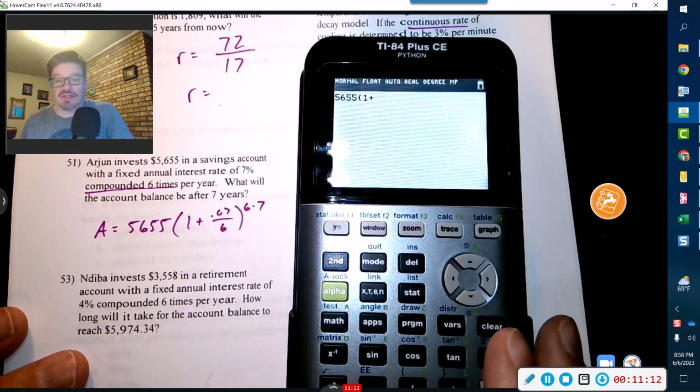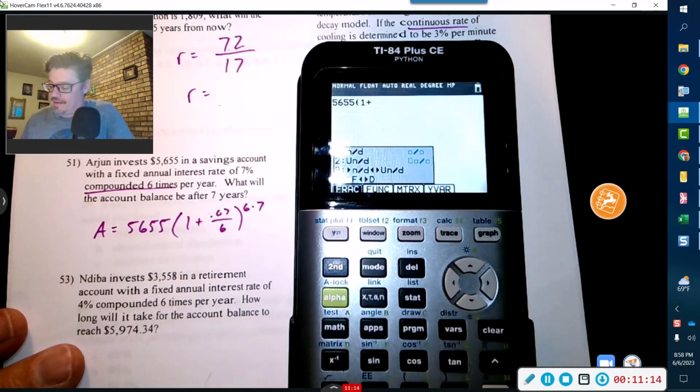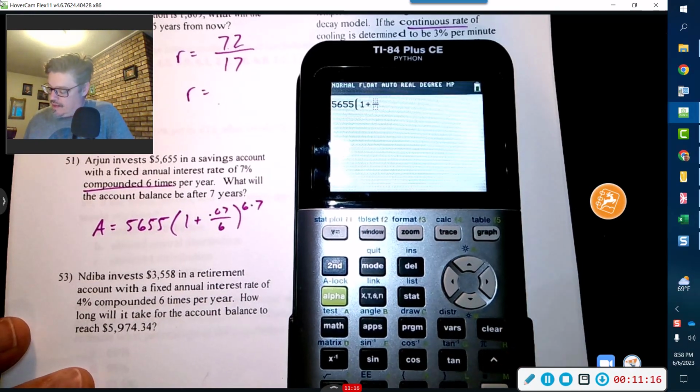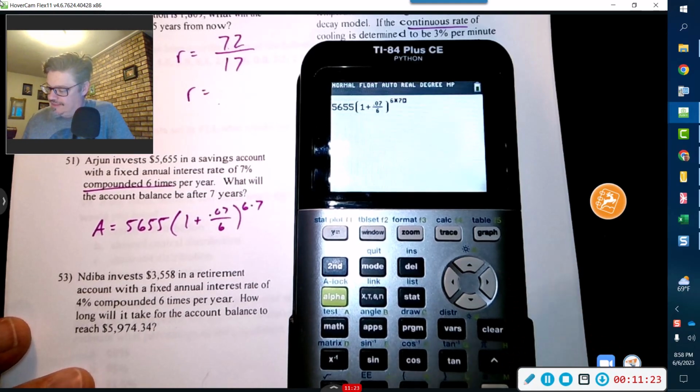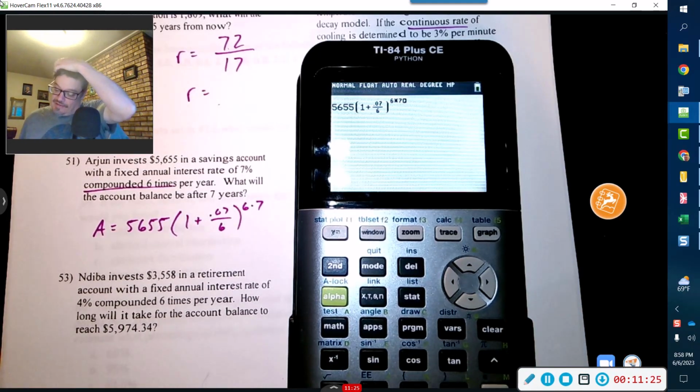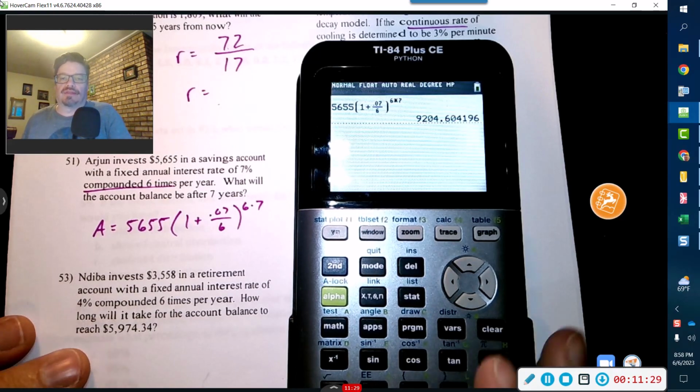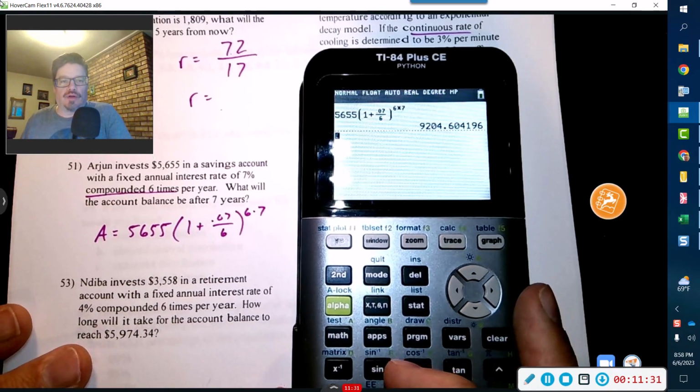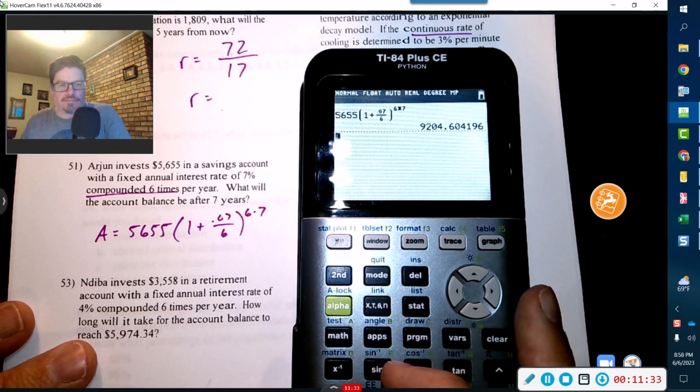Okay, now I'm just going to type it in exactly as I see it. In fact, I'm going to put that fraction bar in there too. All right, and then we're going to go ahead and raise that to 6 times 7, because if it's been 7 years and they do it 6 times a year, it's going to get compounded exactly 42 times. So that's 9,200. All right, just want to make sure.